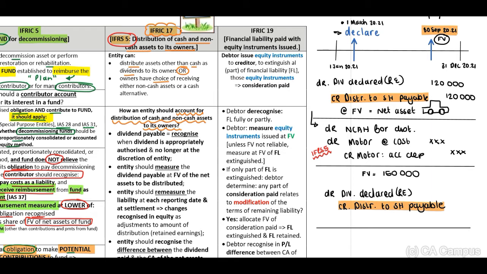Therefore, when you look at this, this will be the 150 minus the 120,000, an adjustment of 30,000, and our distribution to shareholders will now be a total of 120 plus the 30, a total of 150.